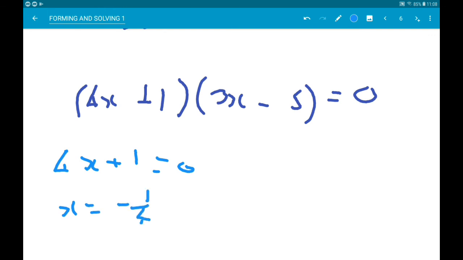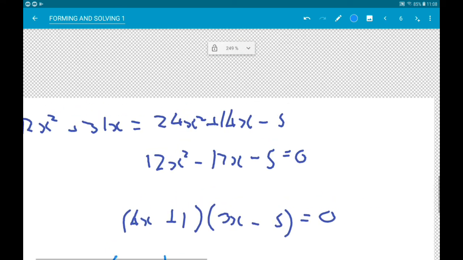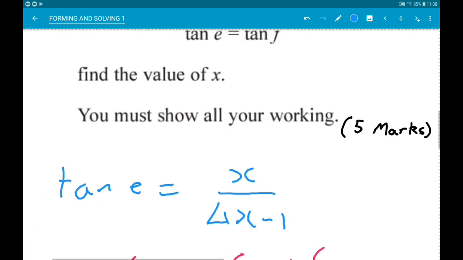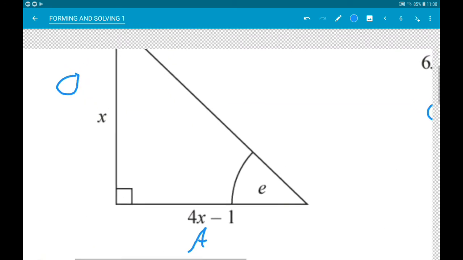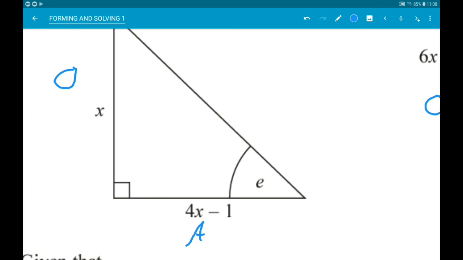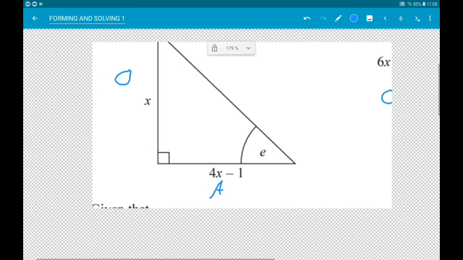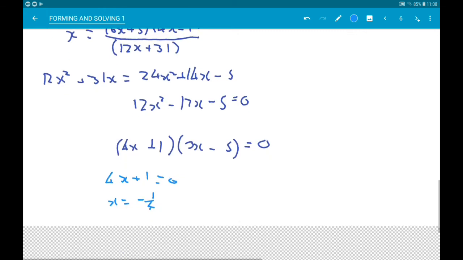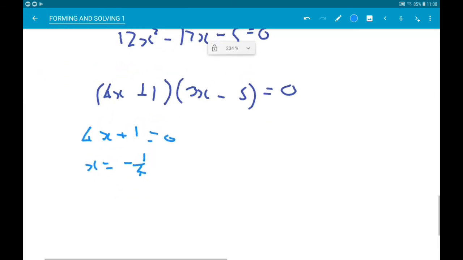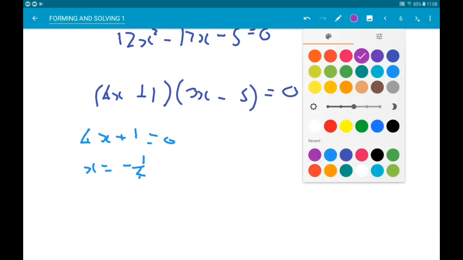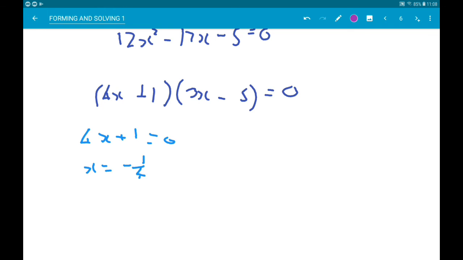That though gives us a problem because x is the height of the triangle on the left. So that can't be true. So that is an invalid solution.